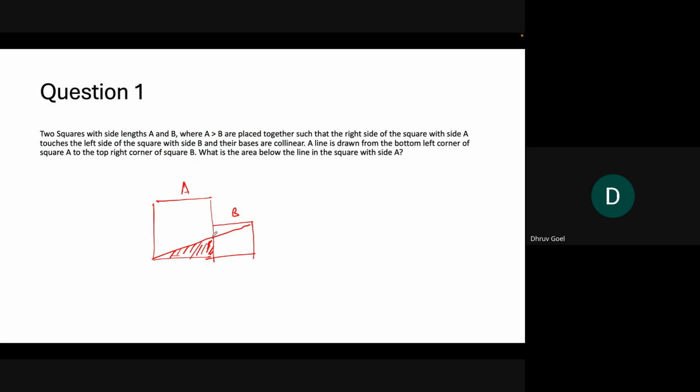But suppose I label these points M, N, O, P, Q. Now, can I say these two lines are parallel? This is 90 degrees, so I can say these two lines are parallel. And whenever two lines are parallel, you always have to consider that the concept of similarity is going to apply.